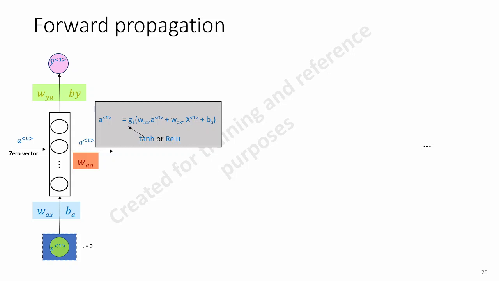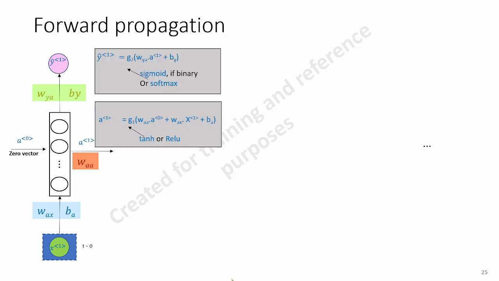So let's take a look at what happens in the output. The output is pretty much the same here. You have the activation. So this activation goes to this layer, and then you multiply with the weights plus the bias, and then you apply some activation like sigmoid and softmax.